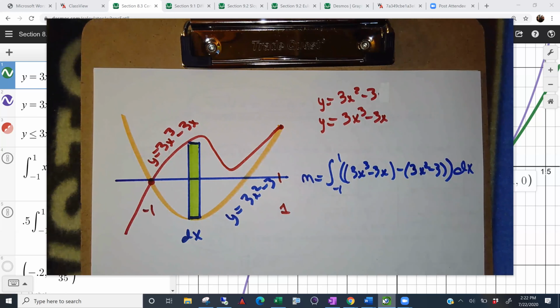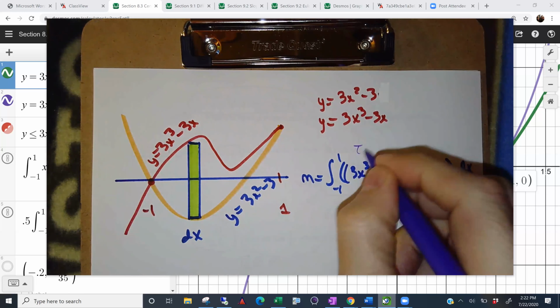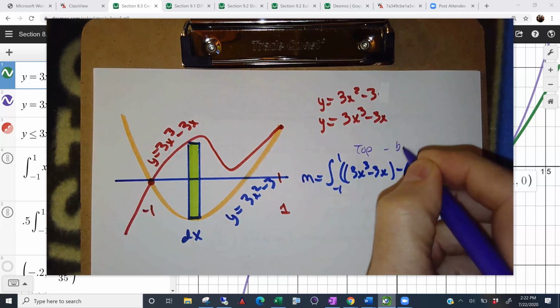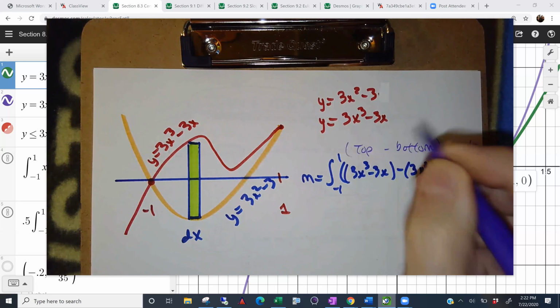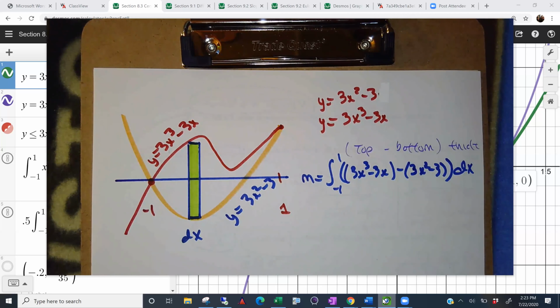And there we go. Now you can clean that up a little bit: top minus bottom, and that's your thickness. It doesn't clean up to anything beautiful.